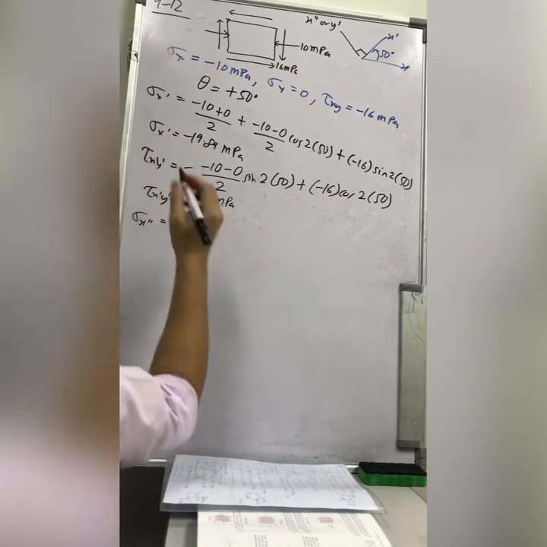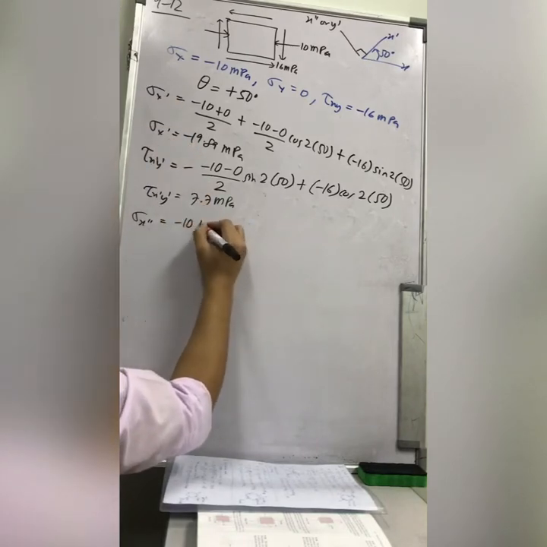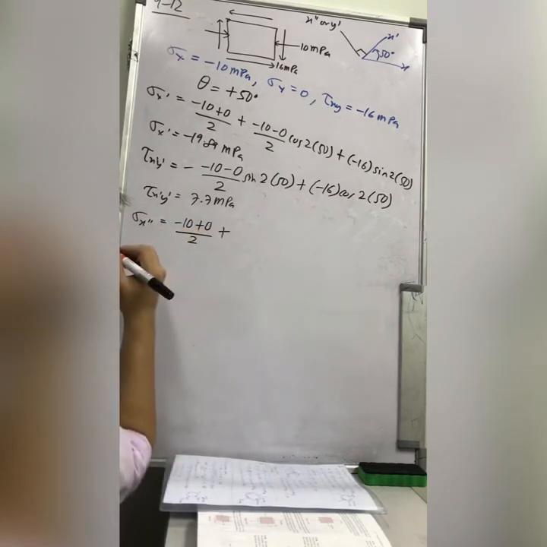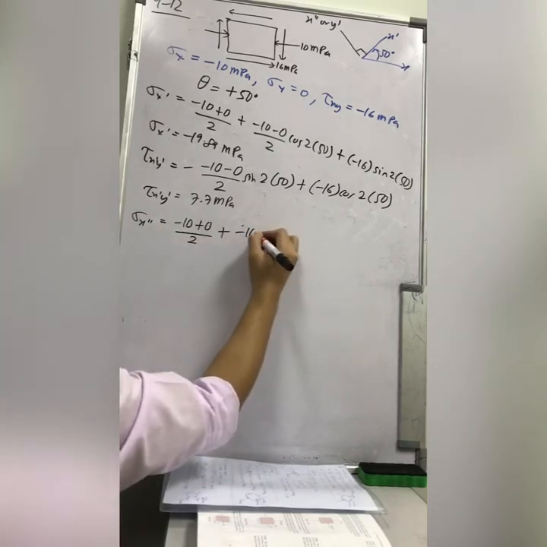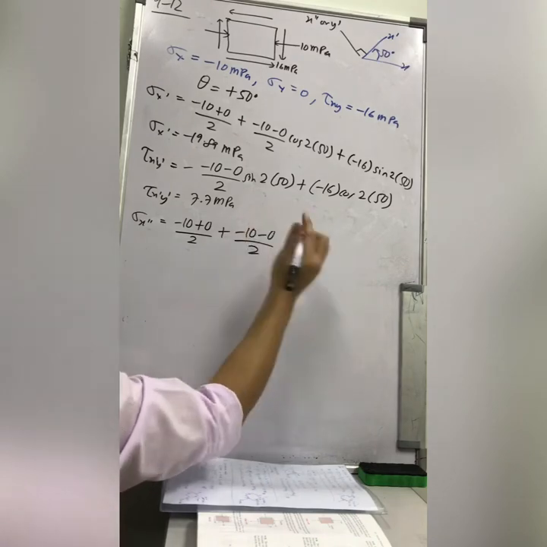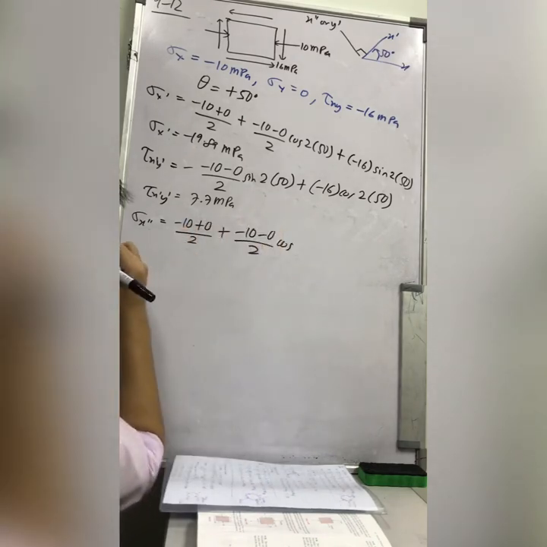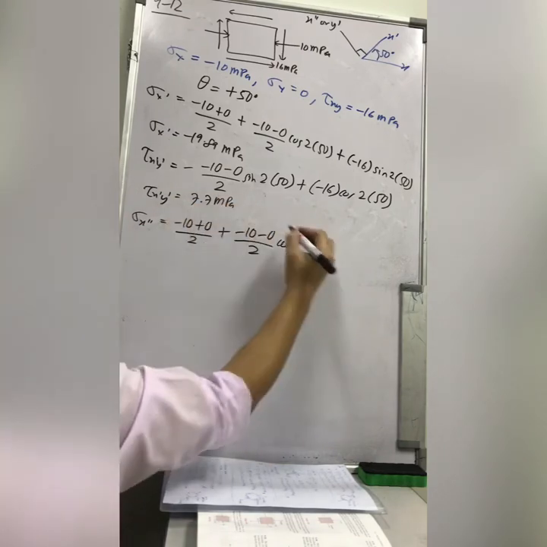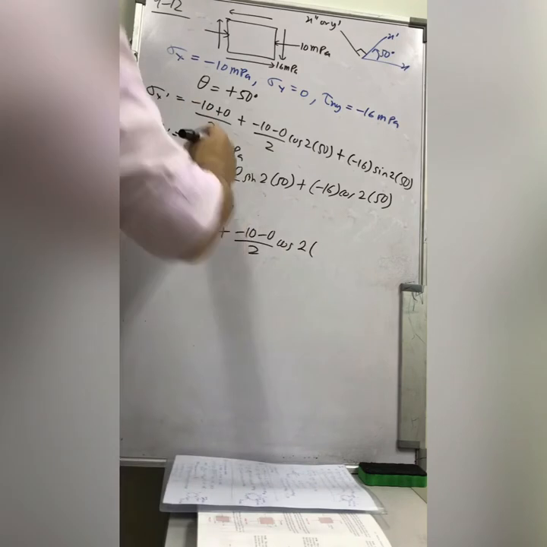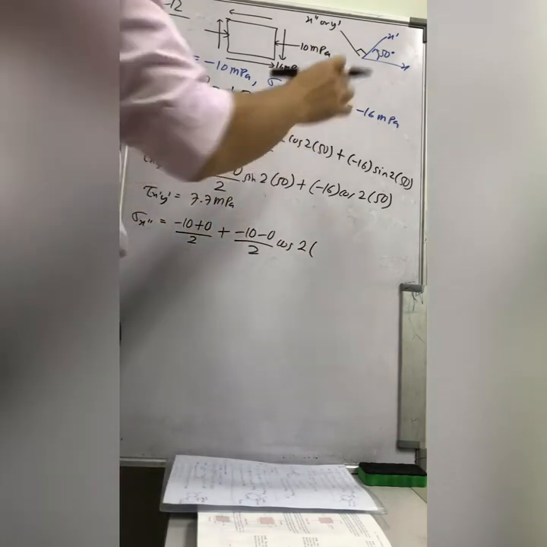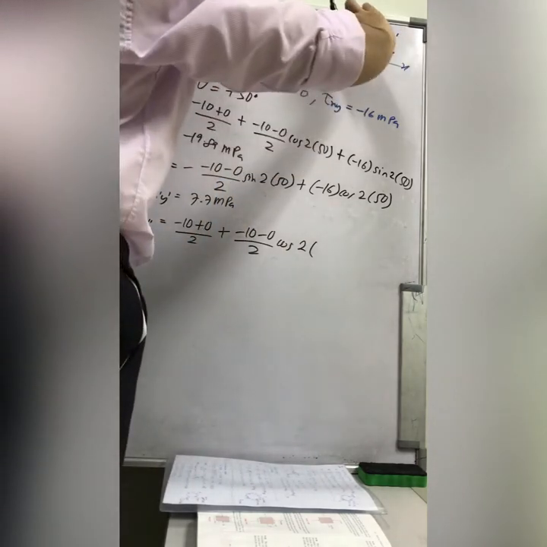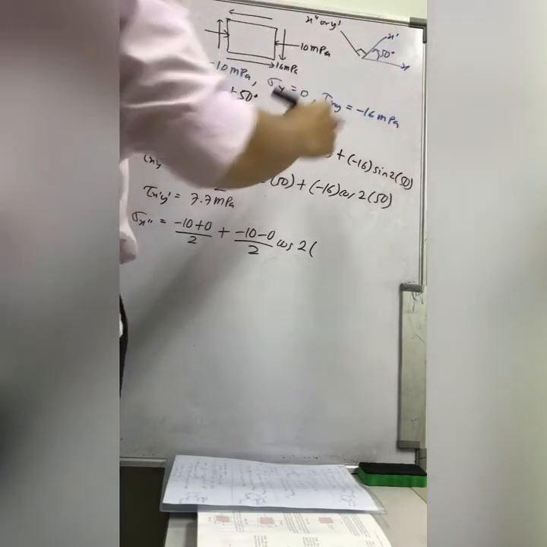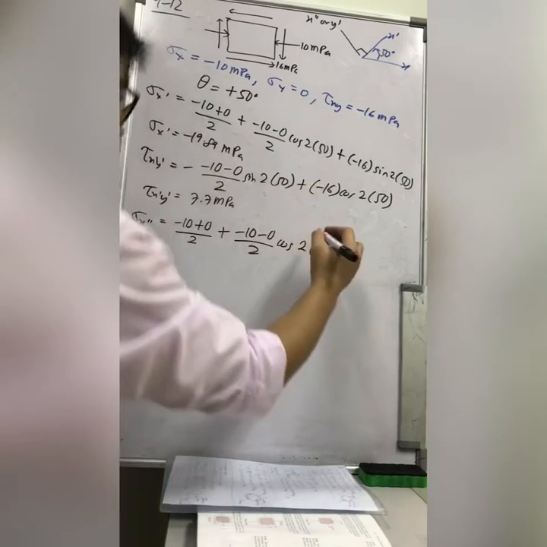use the same equation: sigma x plus sigma y divided by 2, plus sigma x minus sigma y divided by 2, cosine 2 theta. And how much is your theta now? Theta is from x to x double prime or y prime, so 50 plus 90, which is 140, isn't it?